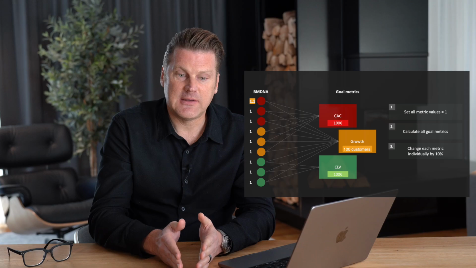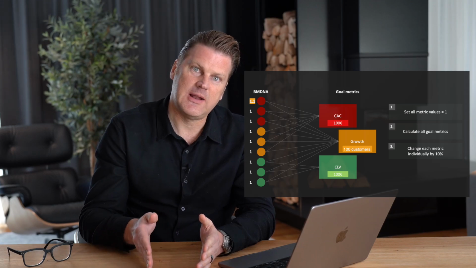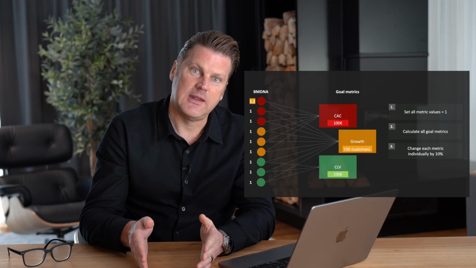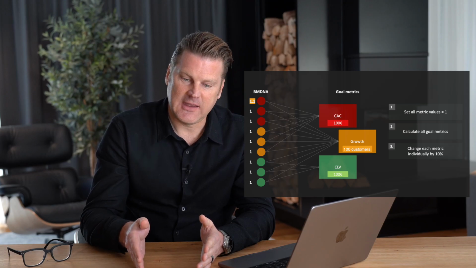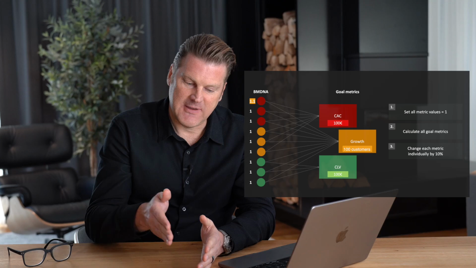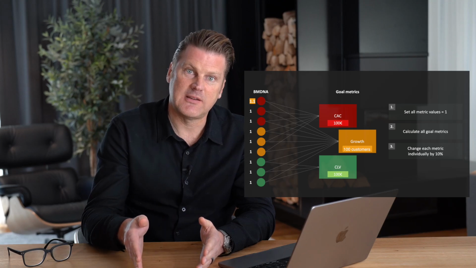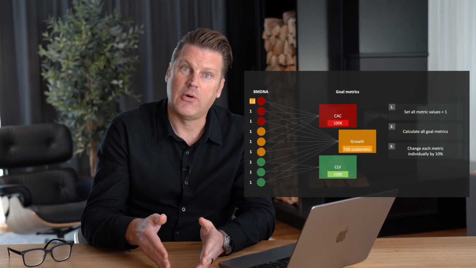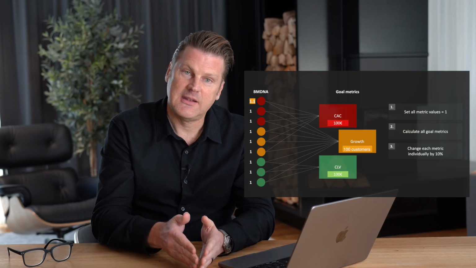And after you did that, you calculate the customer acquisition cost, the lifetime value, and the growth rate in number of new customers again. And then you check for each metric whether this 10% increase is changing the goal metrics a lot, not at all, or just a little bit.